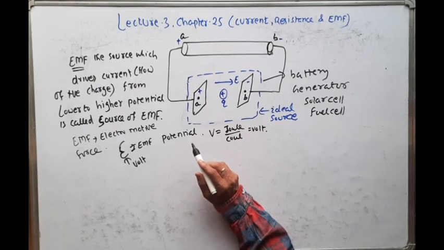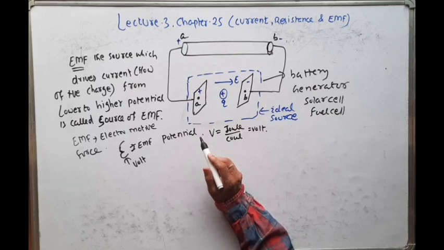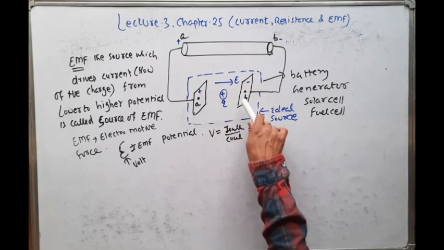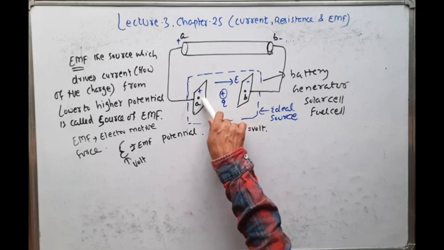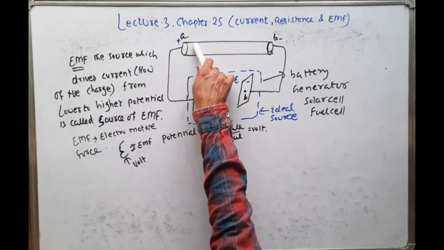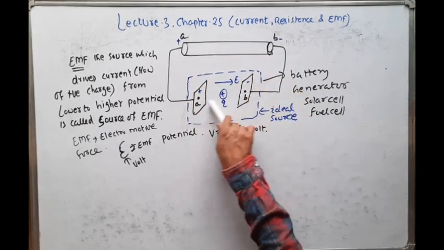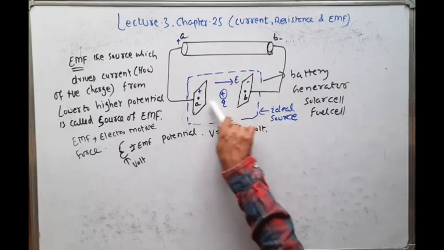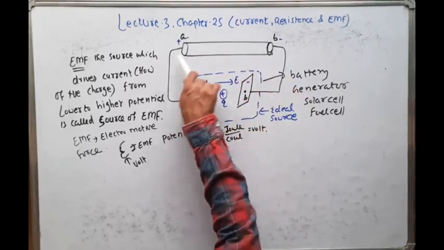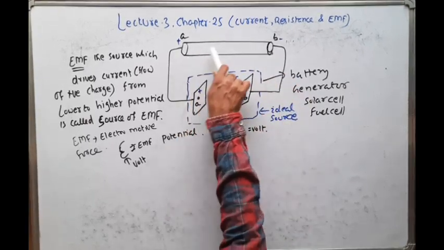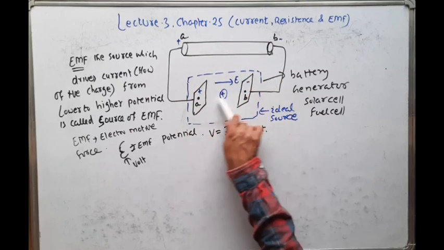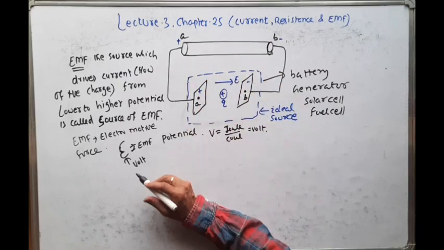In a thermal power plant, heat energy is converted into electrical energy. In this way, the source will send a charge from lower potential to higher potential, and the charge will move. Current will follow a continuous path, and the circuit on which current flows is called an electrical circuit.